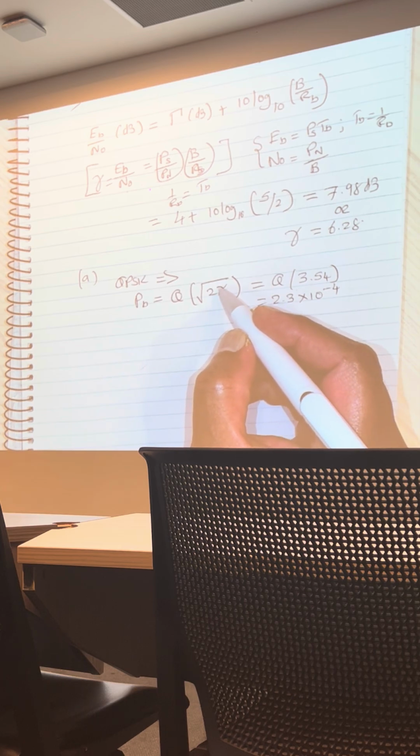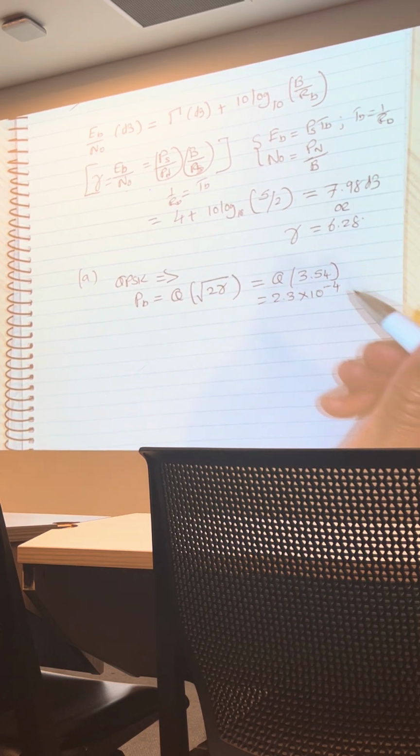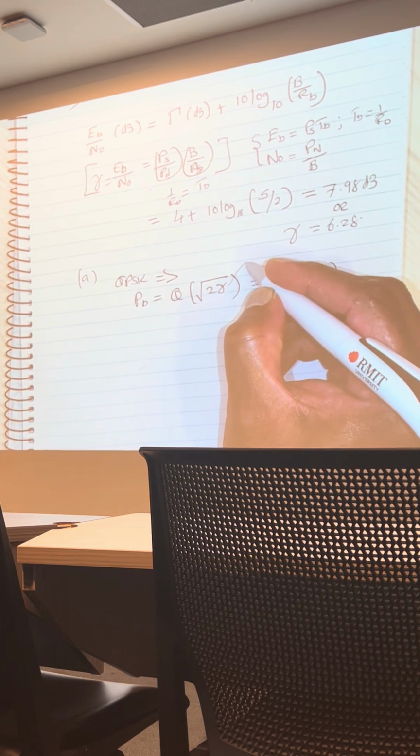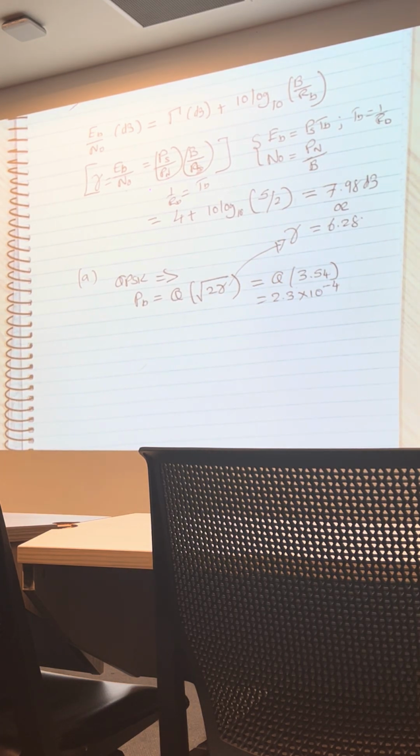Remember, this gamma in this argument is a linear value, right? Because in the Q function we don't use dB values, we use the linear values. All right.